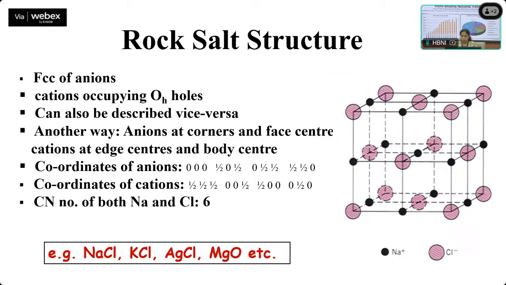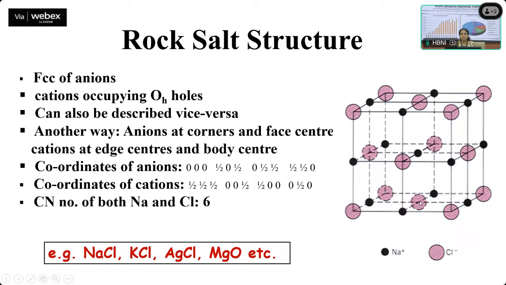Okay, so the coordinates of anions. Now I am defining a unit cell, a face-centered unit cell, which makes it easy for me to define the coordinates. Anions lie at the corner, that makes it 000, okay? And three lattice points contributed by the faces. Let's say I am assuming this as my origin.